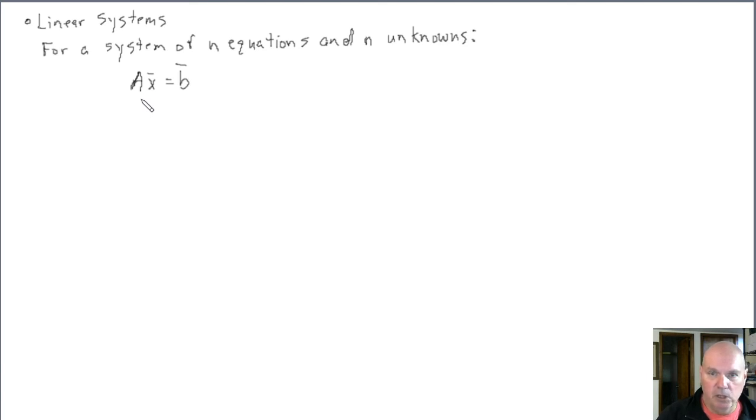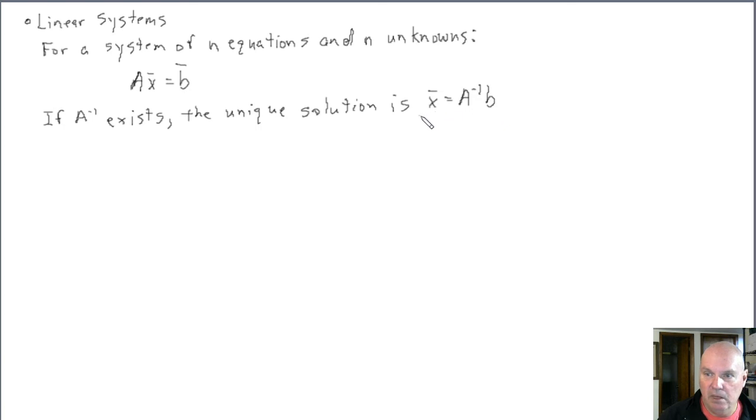Okay. So, and then here was the problem. We've seen how we can express a linear system of equations in matrix form like this. Now, if A inverse exists, the unique, the one and only solution is X equals A inverse times B. Now, a couple of notes.